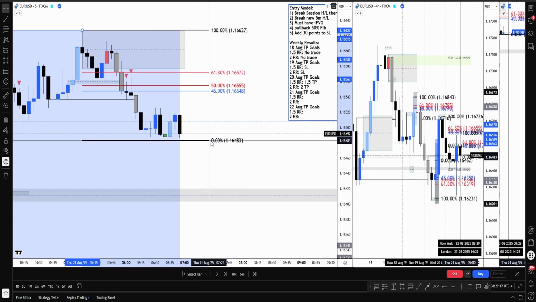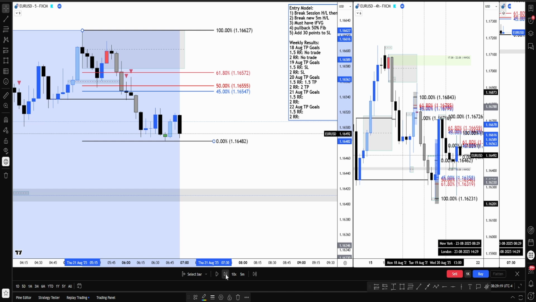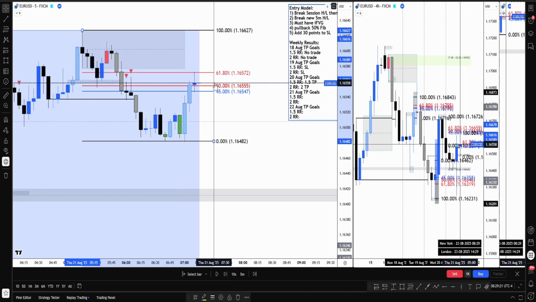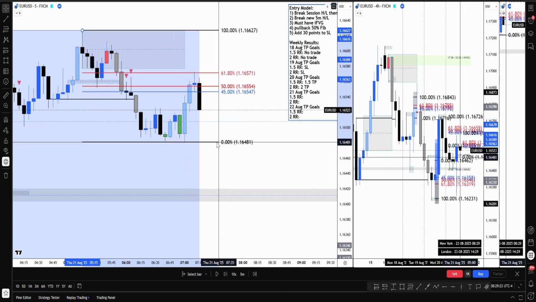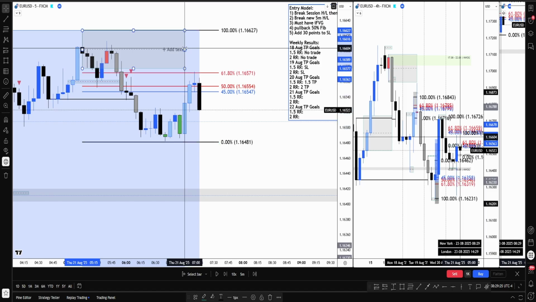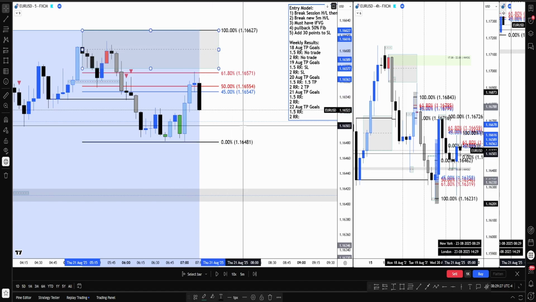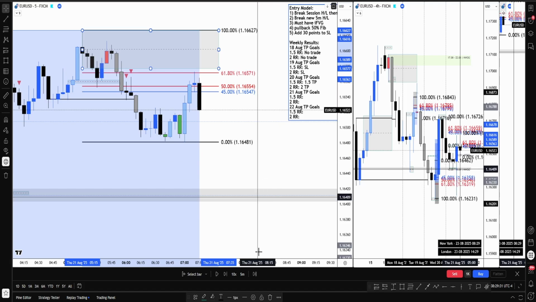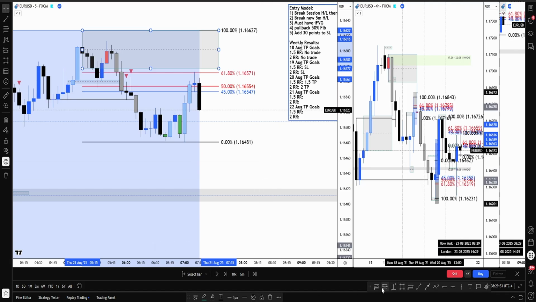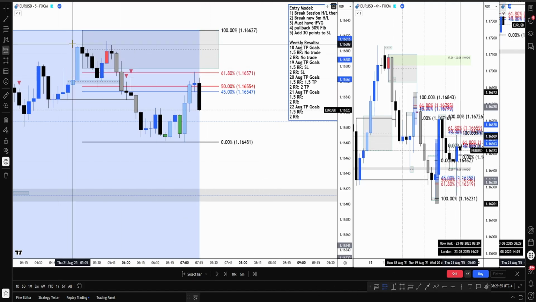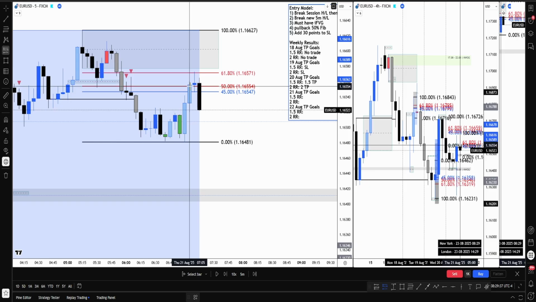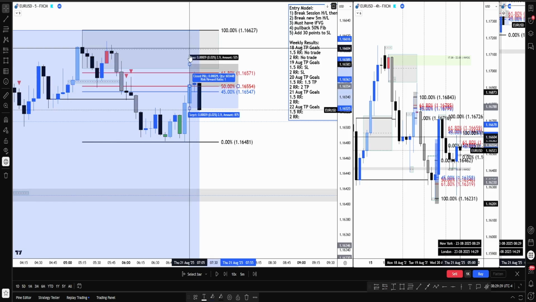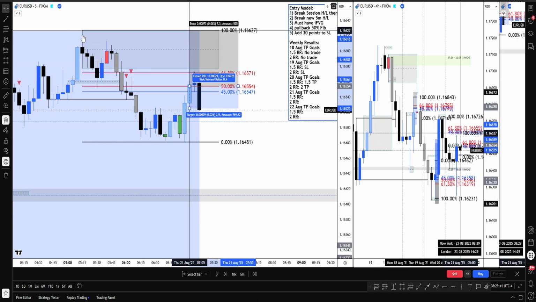All right, let's wait for it. Oh, price went up. Price went up. Actually, I entered. Yeah. All right, so let's just quickly show you what I did when I did this trade. I entered off this 50% fib level for my normal trade.